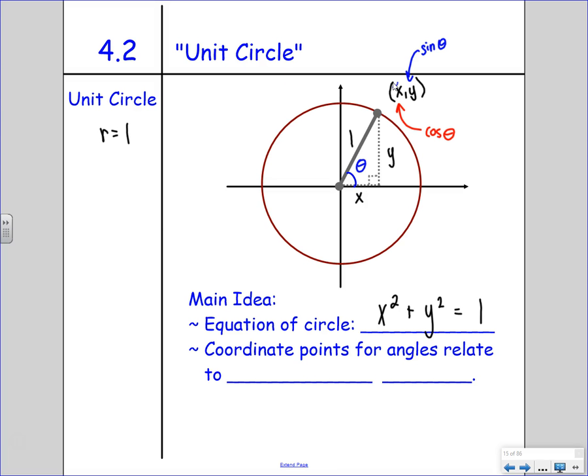Basically, the coordinates, the x and y of any point on the unit circle, coordinate with trigonometric ratios, or we could also say values. Trigonometric ratios: opposite over hypotenuse, adjacent over hypotenuse, opposite over adjacent.